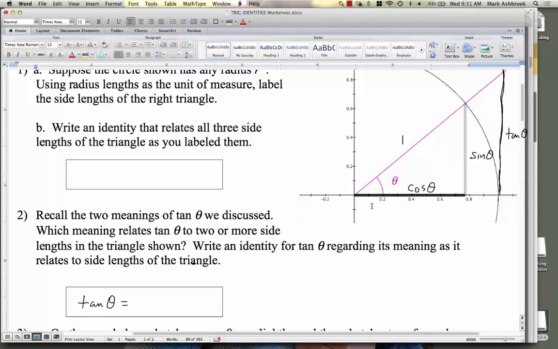Change in y over change in x. Change in y is? Okay, true for any value of theta. Here's another identity. This is an identity because it's true for every theta that you could pick. Tangent is always sine over cosine because that would compute the change in y over change in x of the terminal side. So it'd be the slope of the terminal side. Another identity.